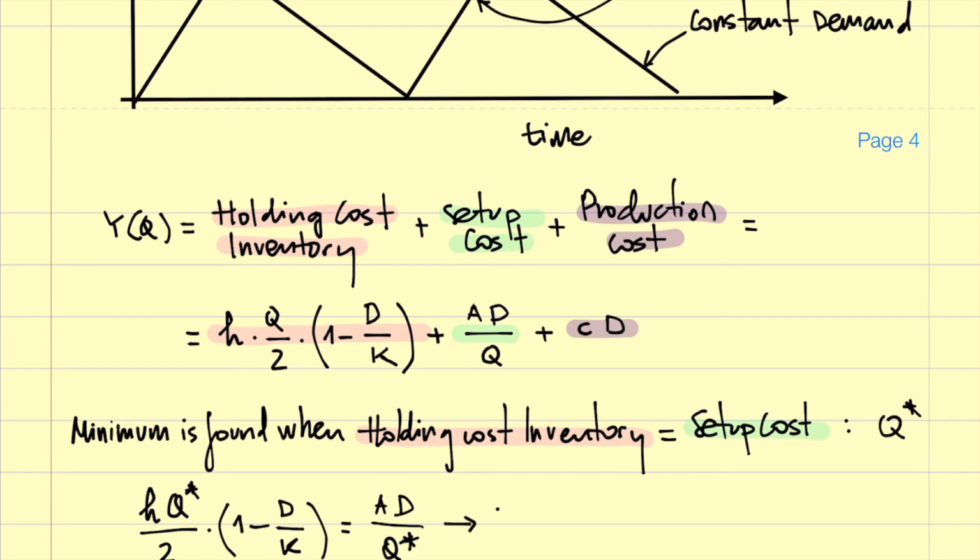And this yields H Q star square times (1 minus D divided by K) equals 2AD.